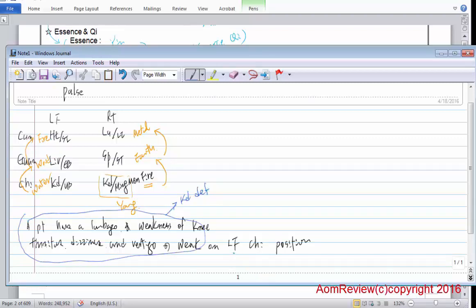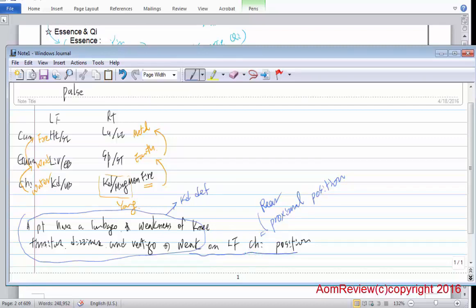And additionally, he has a weak pulse on his left chi position, which we call the proximal position, or we call this rear position. And these are all the same thing, which indicate the chi with the closed position.